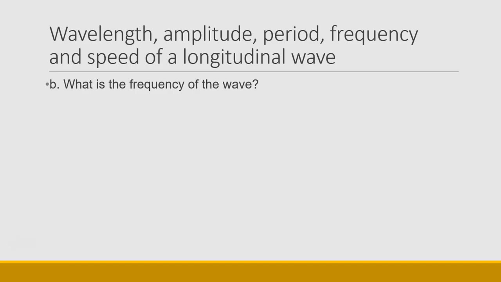What is the frequency of the wave? Well, given the period of the wave, we may work out the frequency as 1 over period, which is 1 over 5, which is 0.2 hertz. And what that means is that 0.2 wave cycles pass a given point in a second.